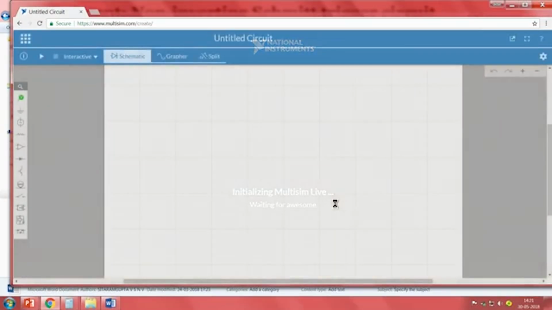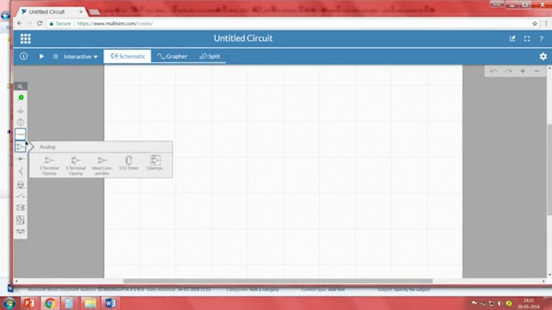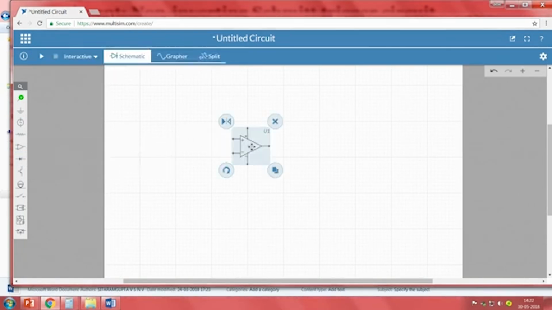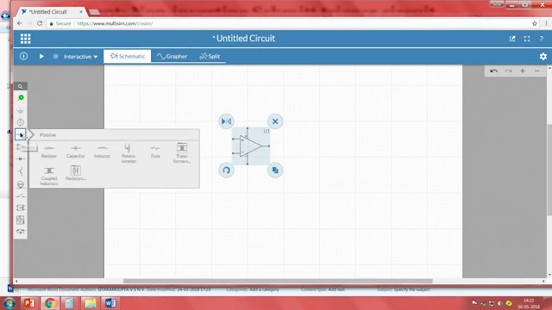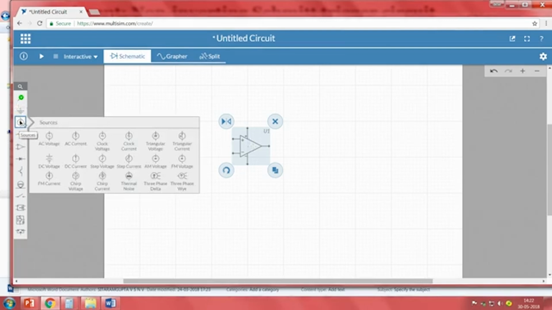When we see, first thing is we have to take an op amp. I will go to the op amp, this is the analog palette. In this you have a 5 terminal op amp, I am placing the 5 terminal op amp here. Now I have to provide the plus VCC and minus VCC to the op amp.